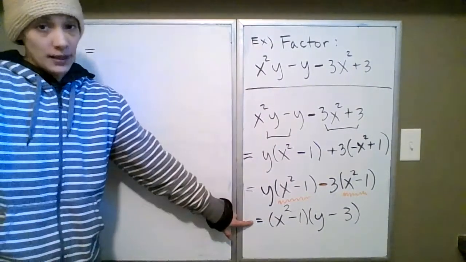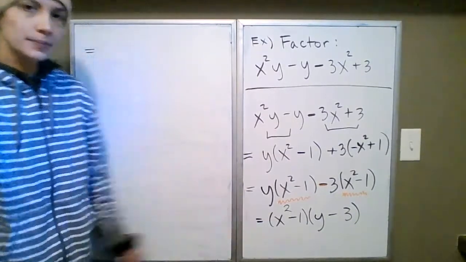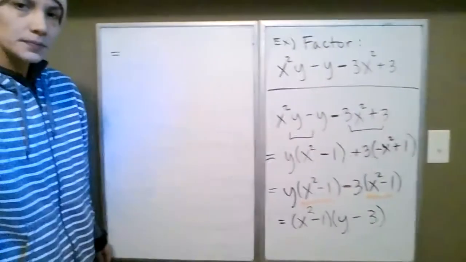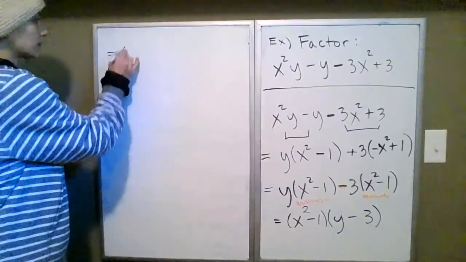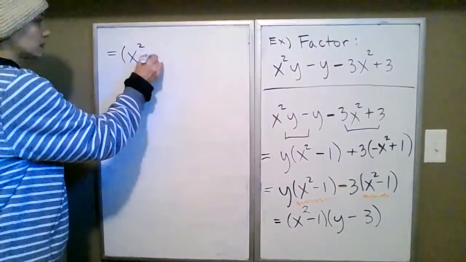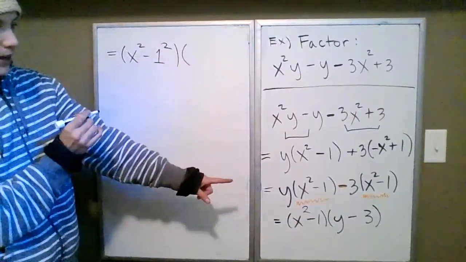So we're x squared minus 1. I'm going to write it as x squared minus 1 squared, multiplied with the y minus 3.